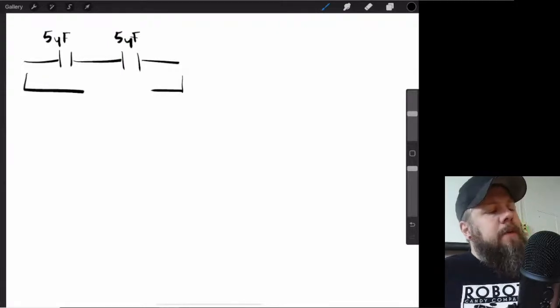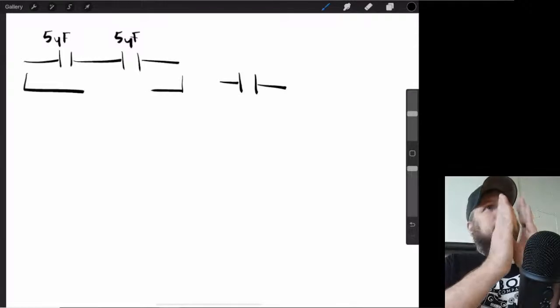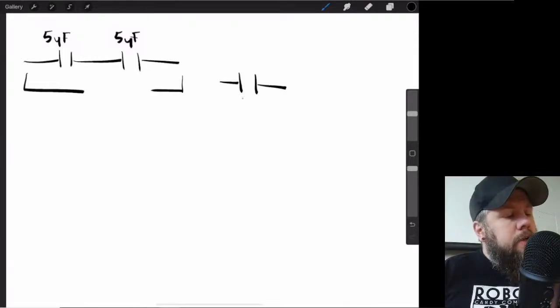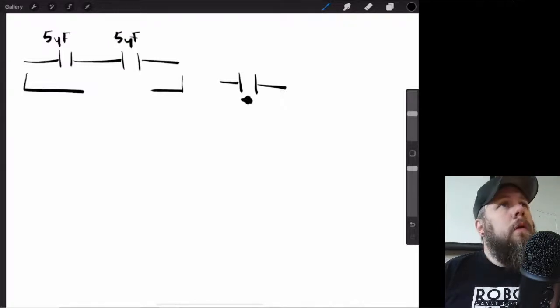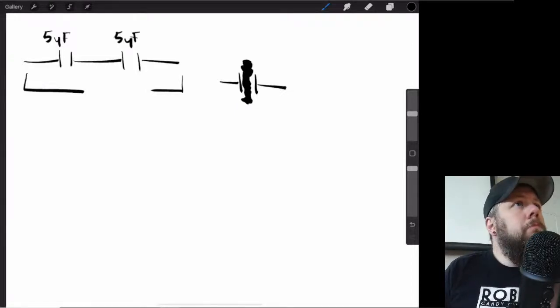What makes a capacitor is the surface area of the plates that you have by each other. Okay. How close you can get those without touching. All right. And the strength of the dielectric material in there. The strength of dielectric material just means that we can get them closer and closer together and the electrons aren't going to be able to jump. Okay?